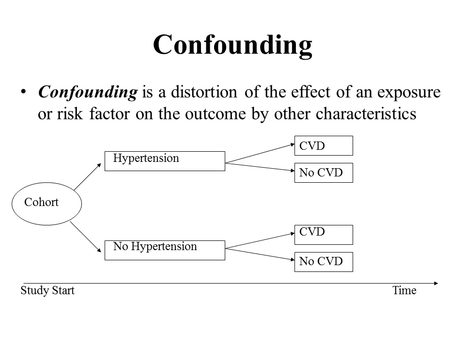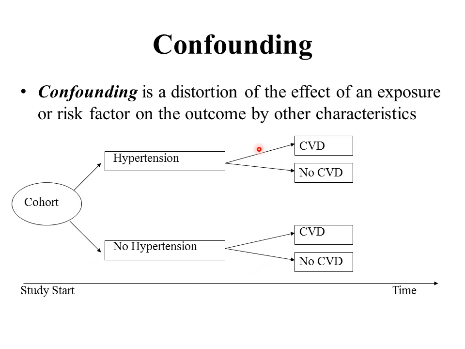So as an example, let's suppose again we're looking for a relationship between hypertension and cardiovascular disease. So maybe we do a cohort study, we identify a cohort, and then we observe them over time. Look at whether they develop hypertension or not, and then whether or not they develop cardiovascular disease.